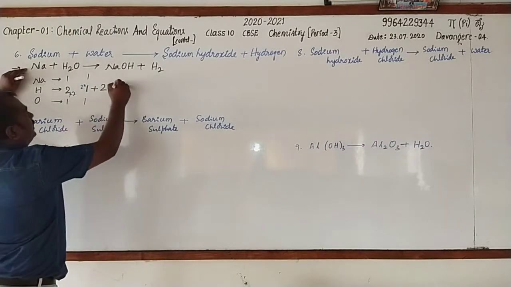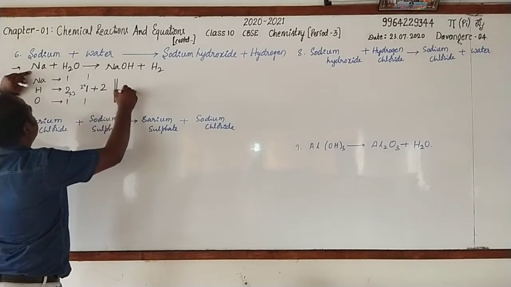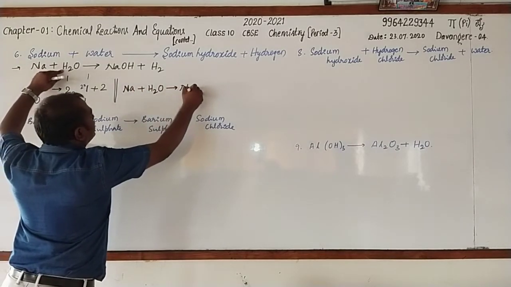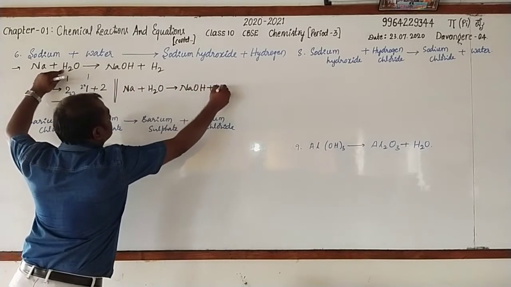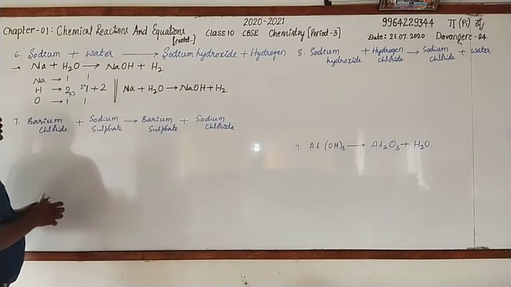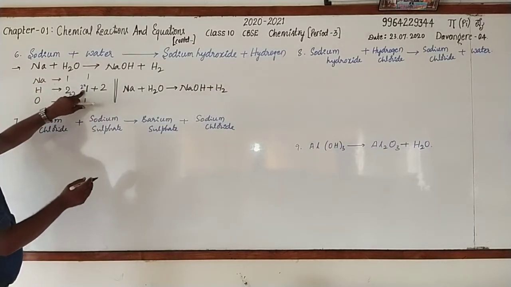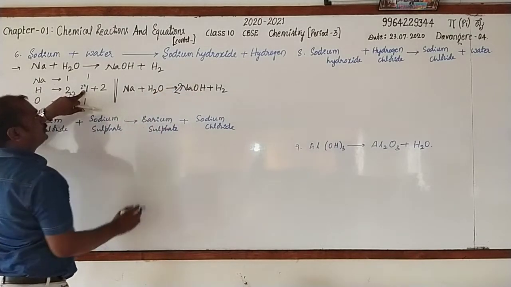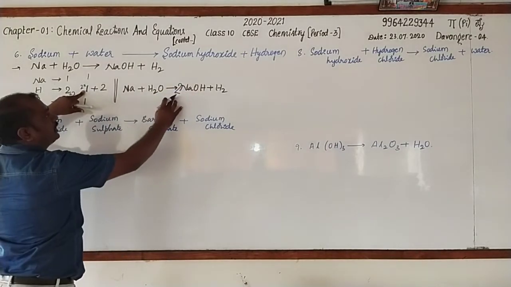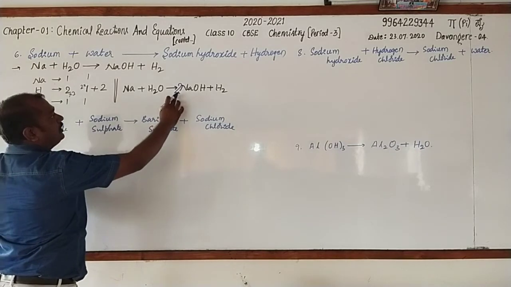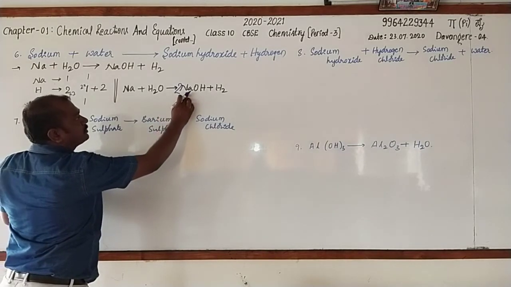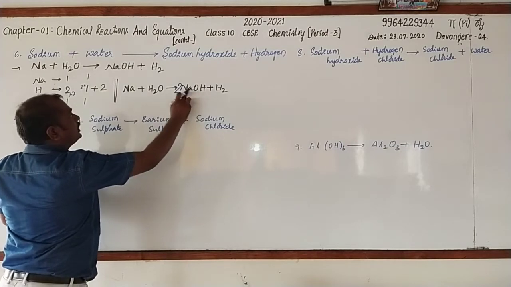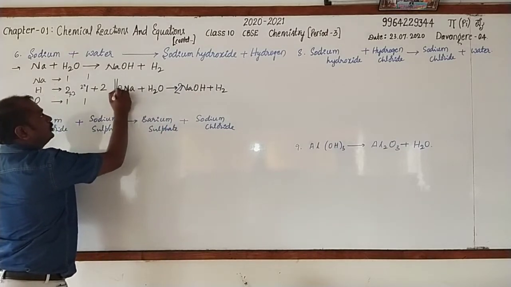Here I will try. Observe. Na plus H2O gives rise to NaOH plus H2. Look here. First hydrogen on the right side. Here 2. Then look here. Here you can come to know that 2 atoms of sodium here is 2.